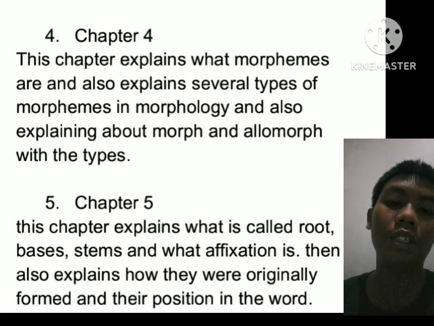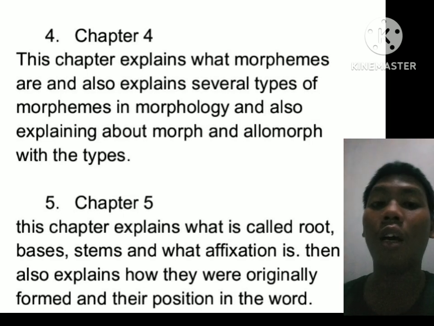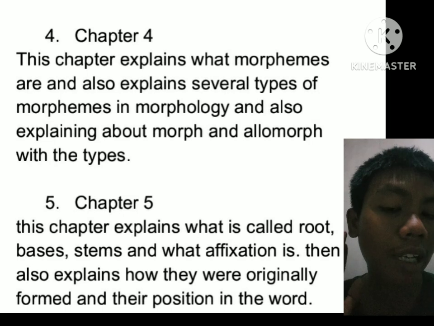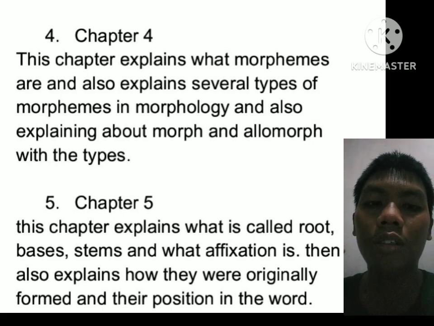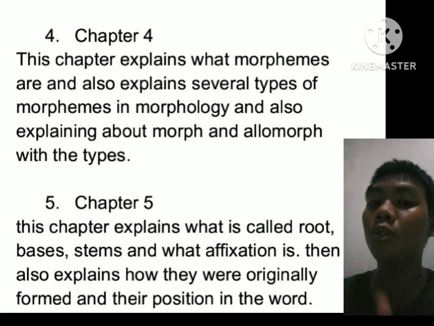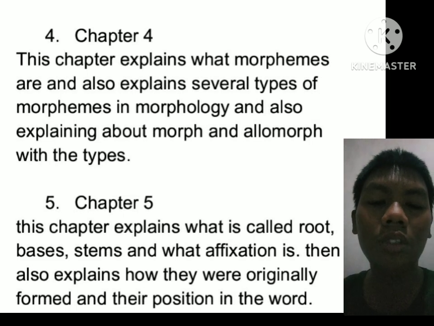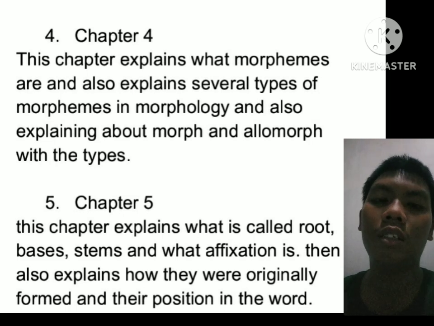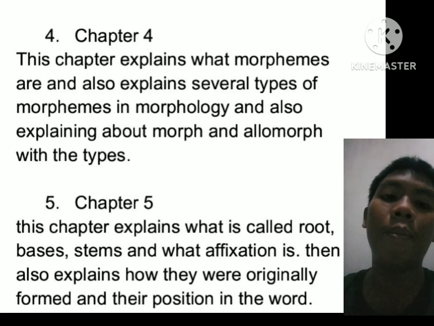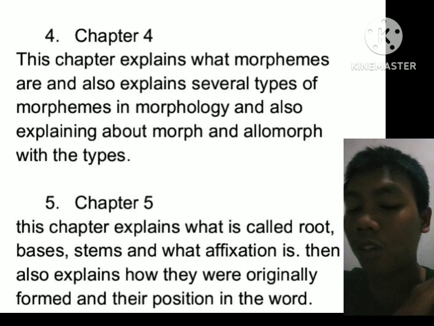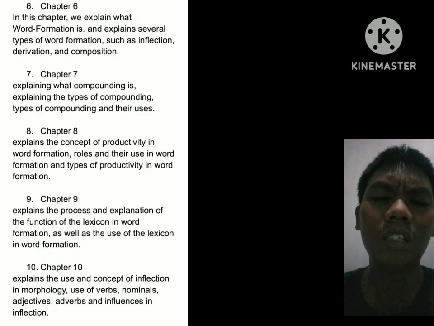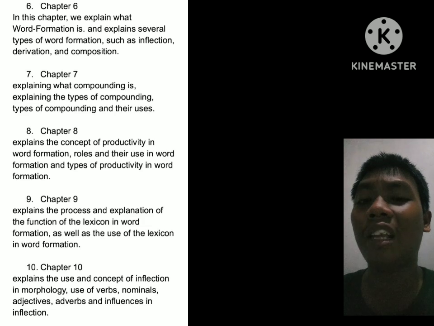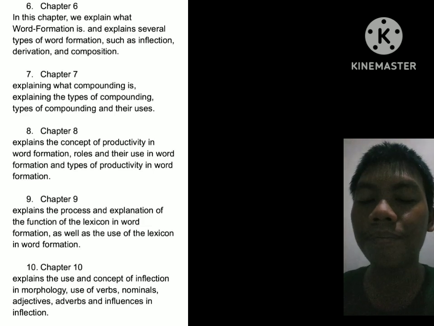The author gives a lot of explanation about morphological things, and the good side of this book is that the author uses simple explanations about morphological things without using complex words or anything that can confuse us as the reader.